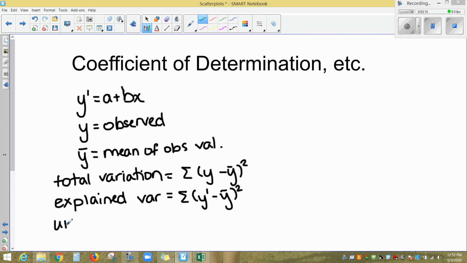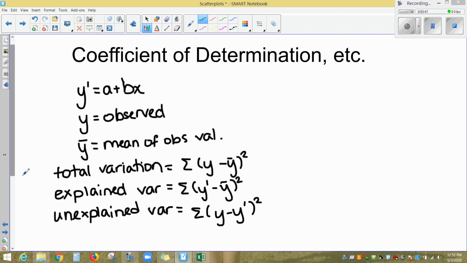Unexplained variation is the variation that's due to chance, something that we can't explain by definition. That's the sum of the squares of the differences between the observed value and the predicted value. Once we find the differences, we square them, because some values are positive and some are negative, and just summing the differences doesn't give us a very good picture.